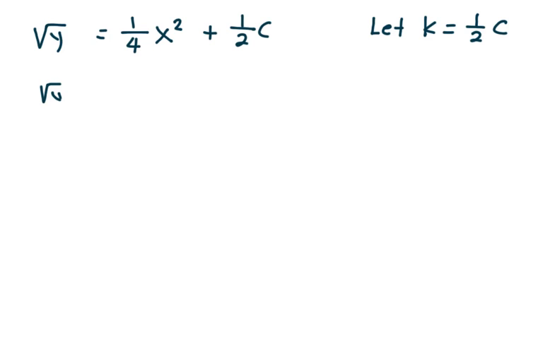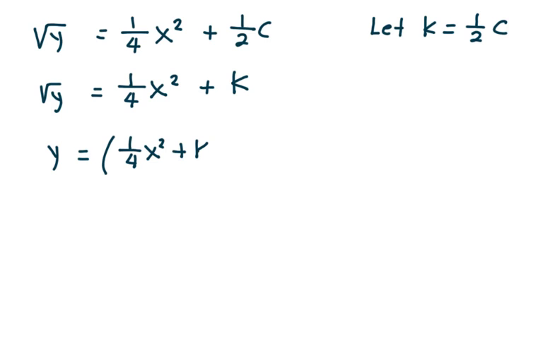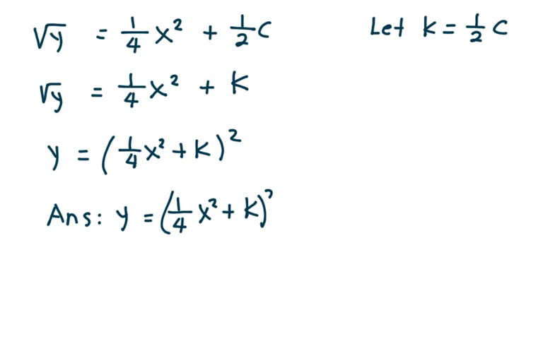So square root of y is the same as 1/4 x squared plus k. Now, if we square both sides, we get y is (1/4 x squared plus k) to the second power. So the answer to this one is y equals (1/4 x squared plus k) squared.